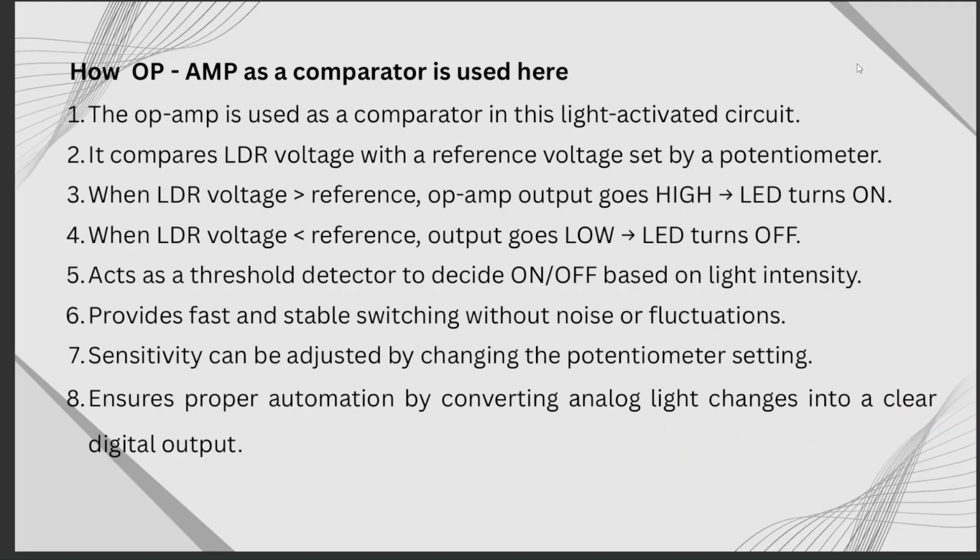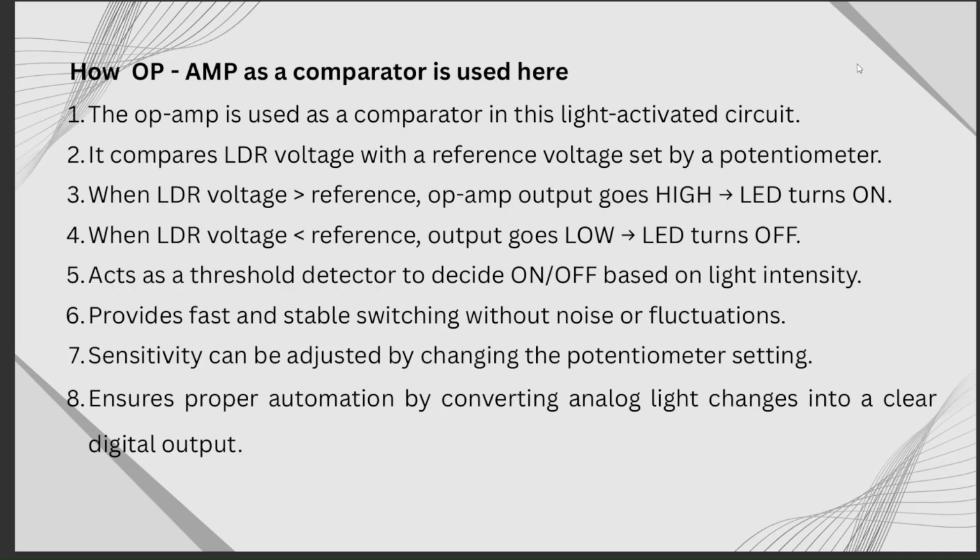Now let us understand how the OPAMP comparator works. The LDR gives a voltage depending on the light level. A potentiometer sets a fixed reference voltage. Both of these voltages are fed to the OPAMP's input pins. When the LDR voltage becomes greater than the reference, the OPAMP output goes high and the LED turns on.